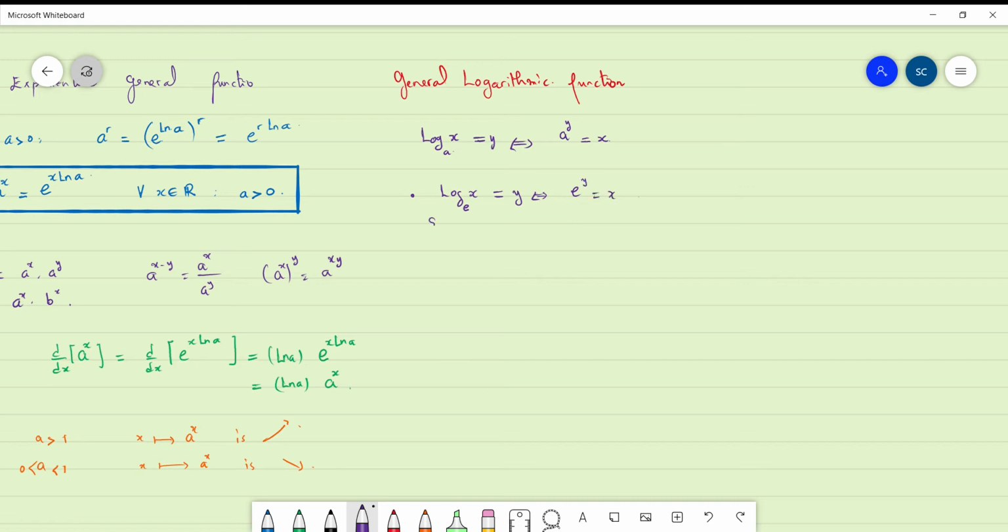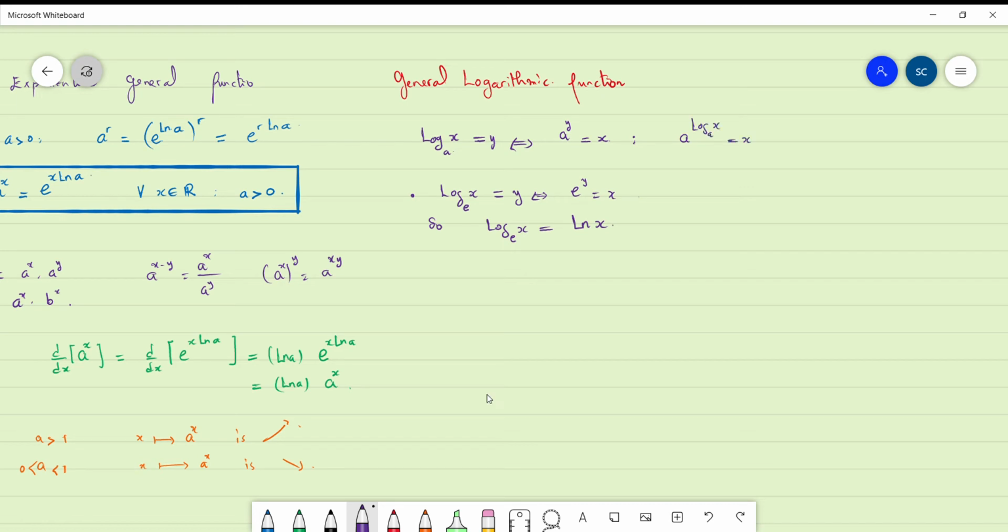So the logarithm base a of x is exactly the ln x we defined previously when a is e. Now from this equation we have a^(log base a of x) is x.